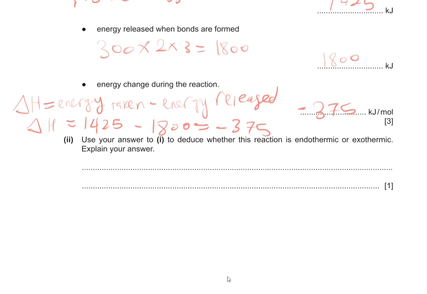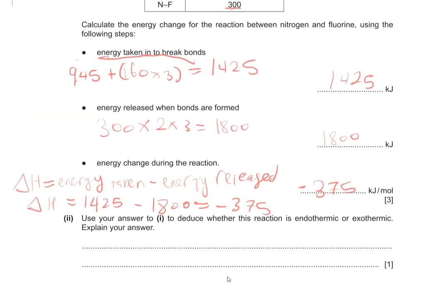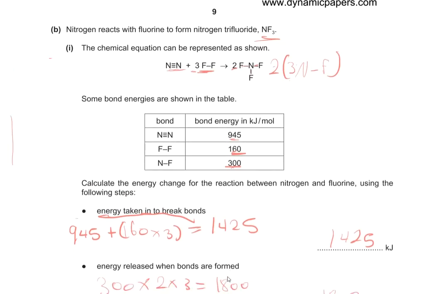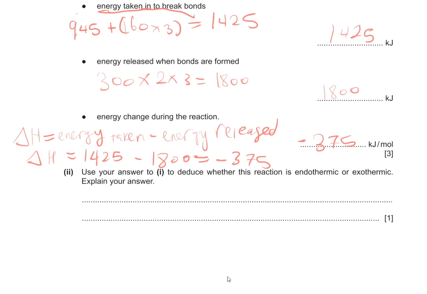Use your answer to I, so that's question I here, to deduce whether this reaction is endothermic or exothermic, and explain your answer. So basically, to decide if it's exothermic or endothermic, we've got to look at the sign of the energy change, which is negative in this case.